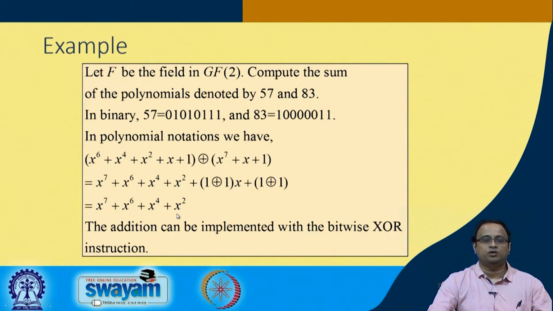Therefore the final polynomial is x^2 + x^4 + x^6 + x^7. One can note that the addition can be implemented with a bitwise XOR instruction, and there are no complicated operations you need to do, like carry, which you often encounter in other cases. So this is completely a carryless addition.